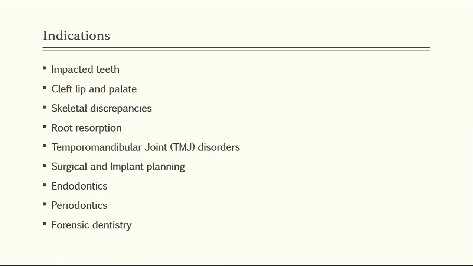All of those can be done, to make surgical guides with it. For endo, to assess missed canals like the MB2 in the upper 6. For perio, to assess the bony defect, the bone resorption that's happening around the roots. And in forensic dentistry, it has some implications as well.